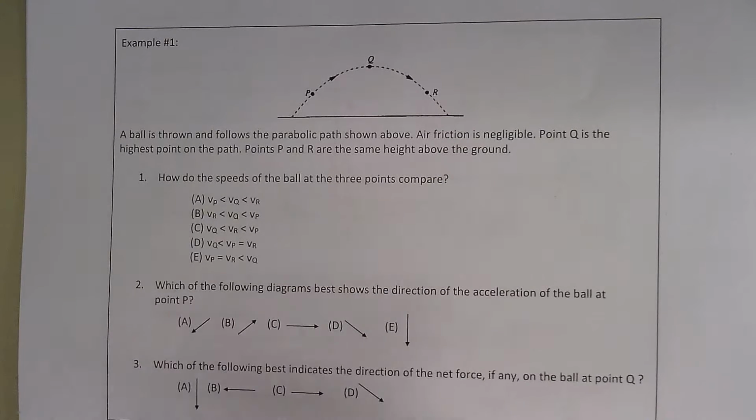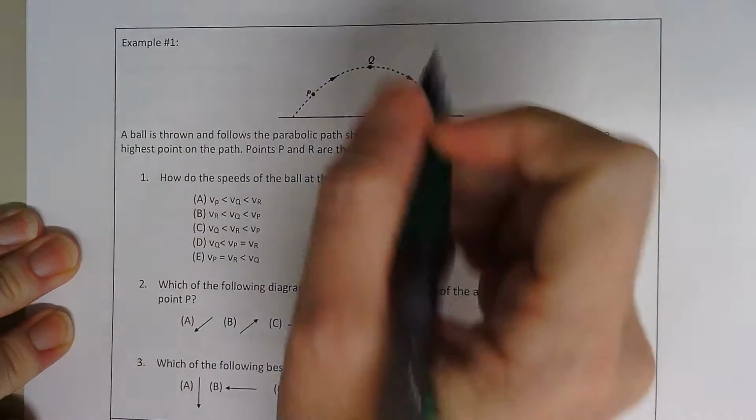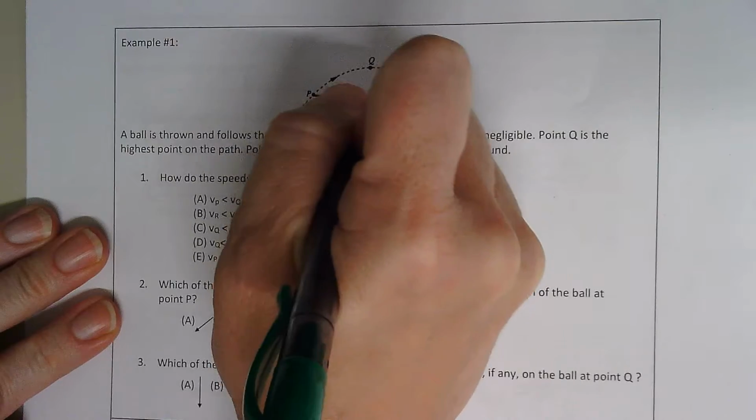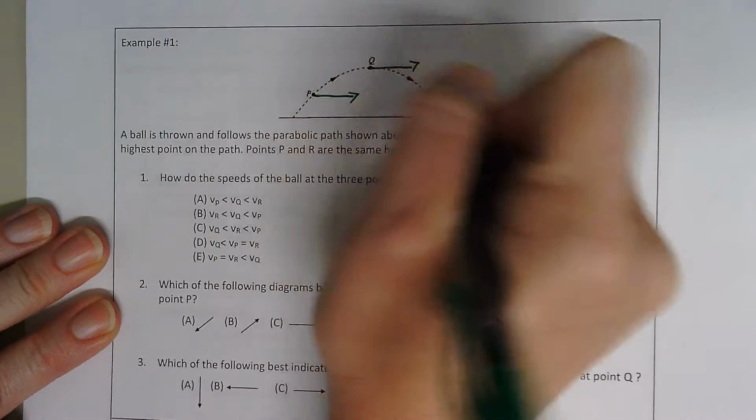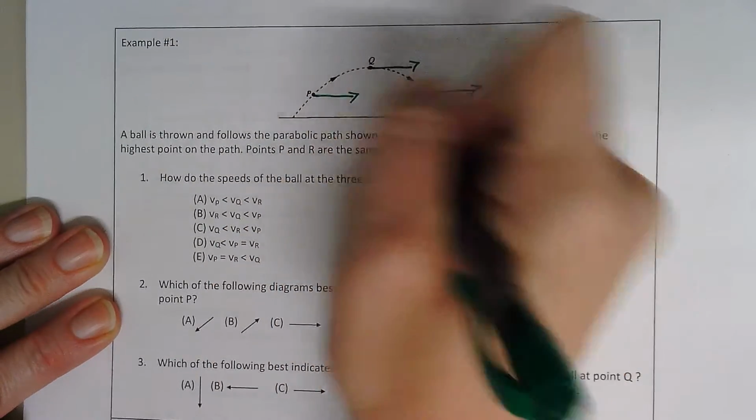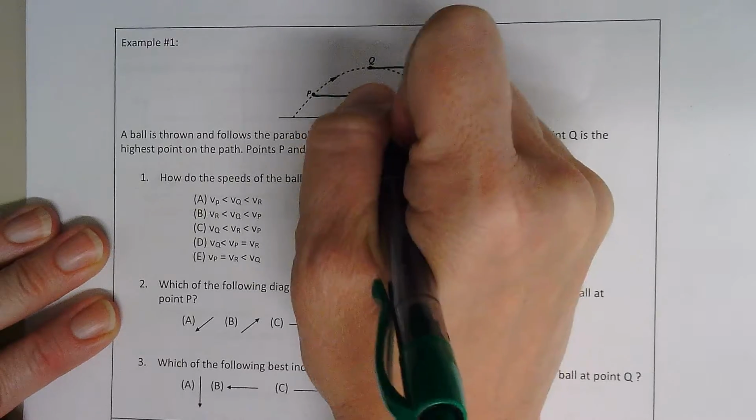Well, the speeds are going to be like a vector. It doesn't say if it's X or Y speed, it just says speed, so I'm going to assume that's the resultant. So at all points P, Q, and R, there's a horizontal vector, a Vx.